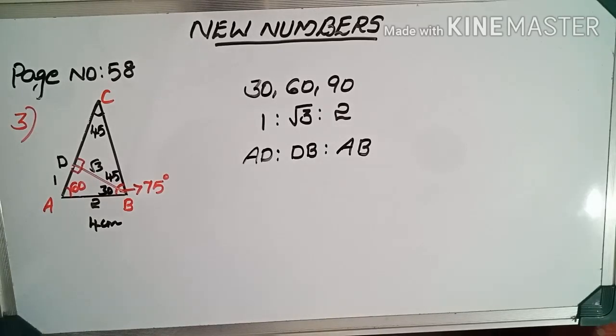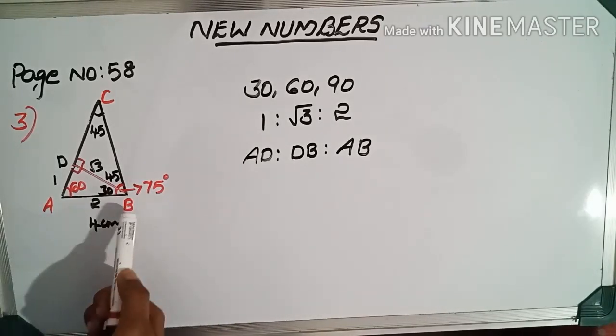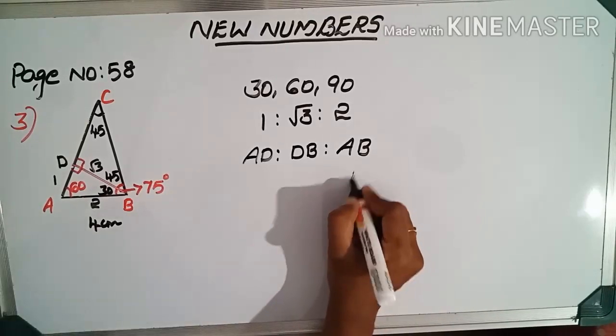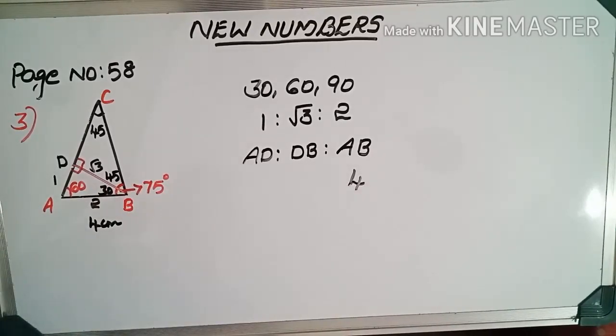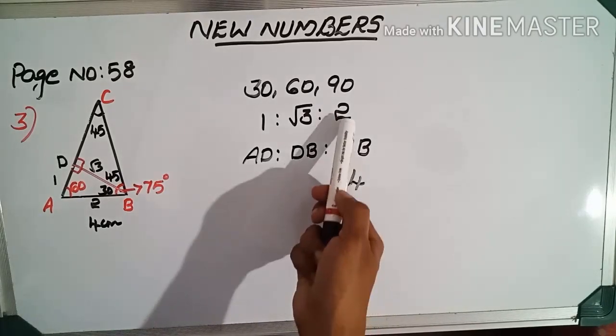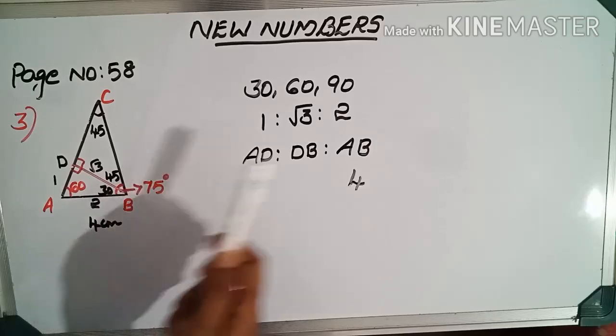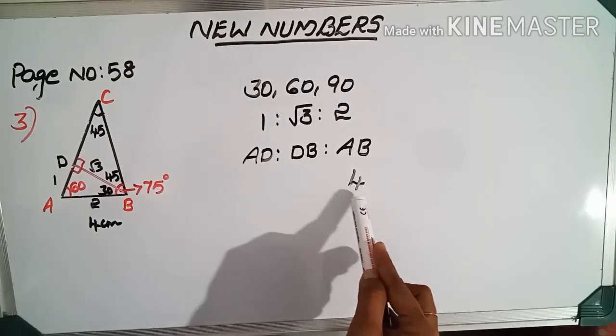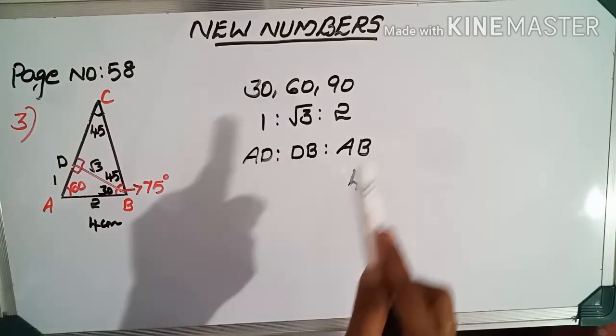Now when you check the question, AB is given as 4 centimeters. But in our ratio concept, AB is 2, while in the question it is given as 4. That means a change is happening.